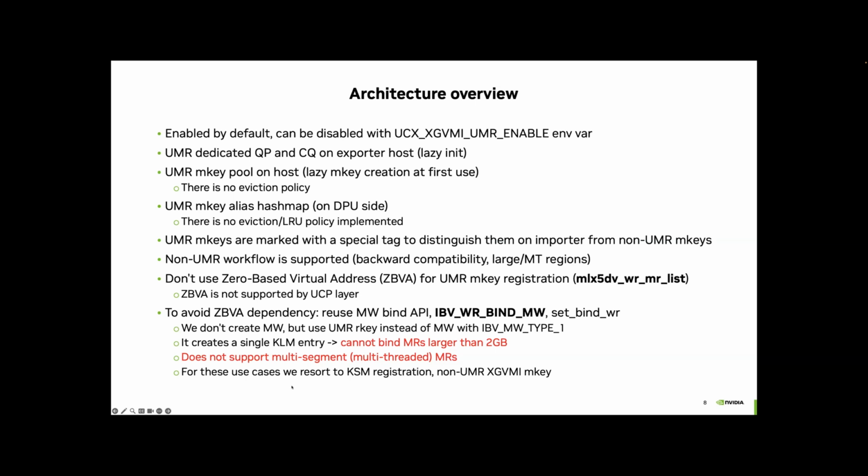What it does, it creates a single KLM entry, and subsequently the limitation is that this UMR key cannot handle regions larger than 2 GB. That's one limitation, and it doesn't support multi-segment memory regions or multi-threaded. In those cases, basically we resort to KSM registration, basically non-UMR MK approach.